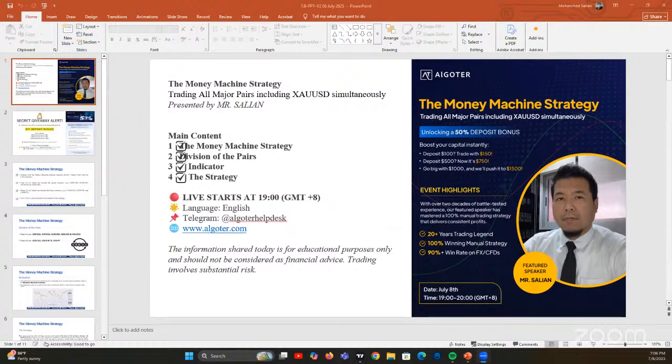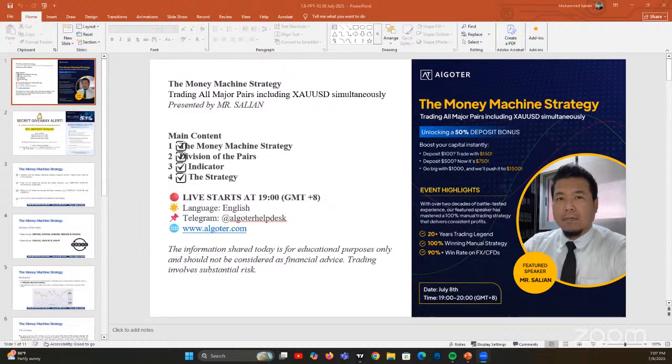It all depends on the trader. As you go along on your journey, you learn all these things and apply them in your daily trading. So the money machine strategy trades all major pairs, including XAU USD simultaneously, and you will see how this works as we go on in the webinar.